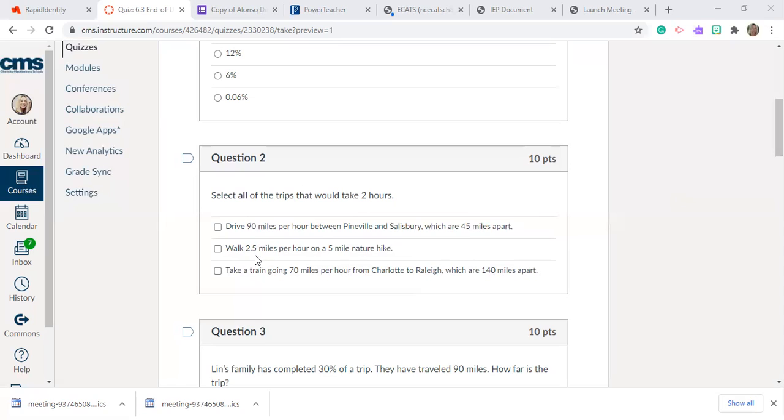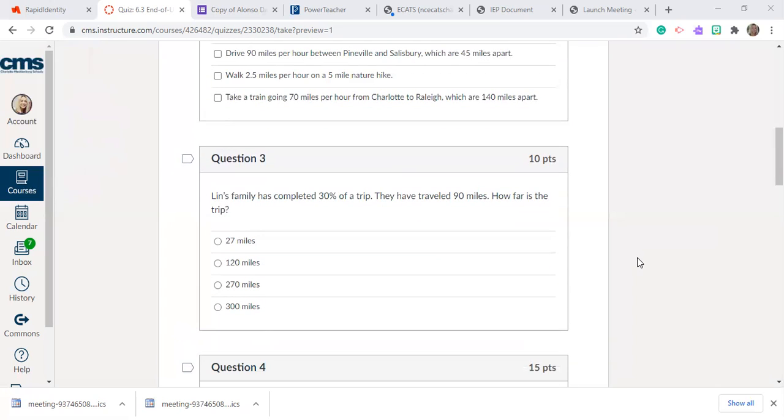Walk 2.5 miles per hour on a 5-mile nature hike. Take the train going 70 miles per hour from Charlotte to Raleigh, which are 140 miles apart. I suggest that you draw pictures to help you figure this problem out. Go ahead and pause and do the work in your notebook.